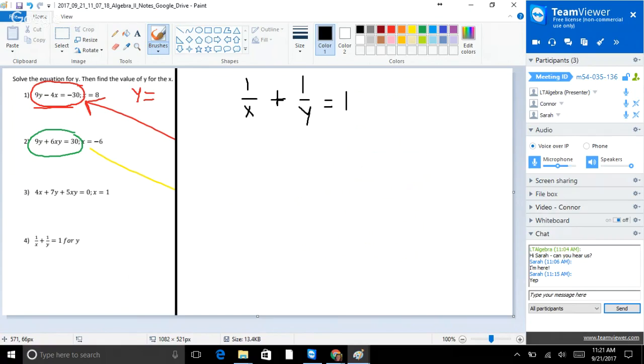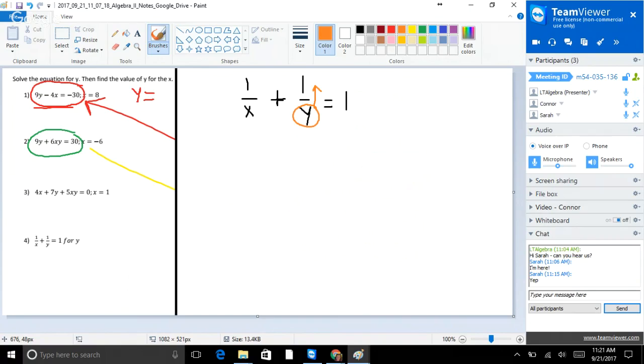So what we want to do here is think about how we can get y out of the denominator first of all, and then solve for y, because it's really hard to solve for y when it's in the denominator. We want to somehow move it up to the numerator. And we can't just move it up just because we like to.